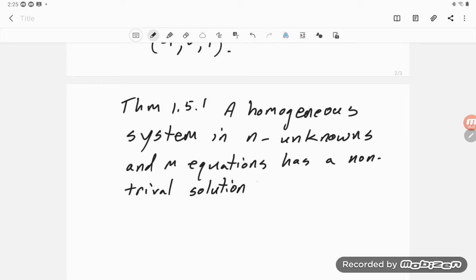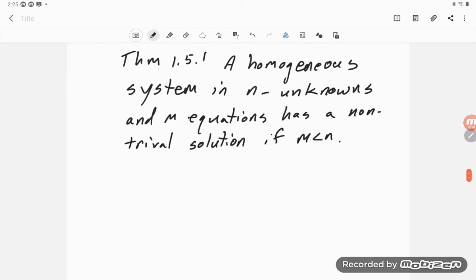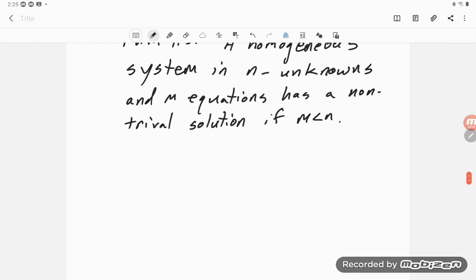Actually it has an infinite number, but it has a non-trivial solution if m is less than n. So if there are more variables, more unknowns than equations, there's a non-trivial solution.